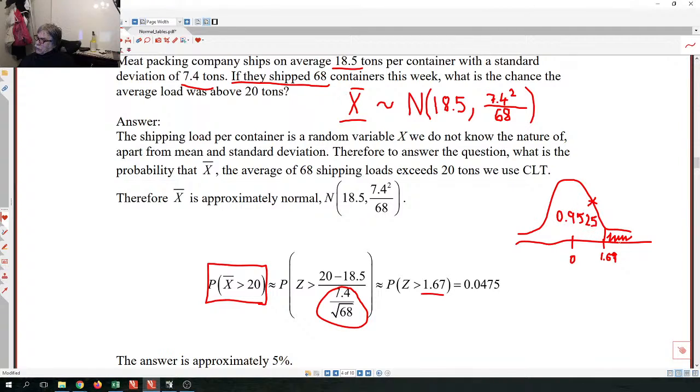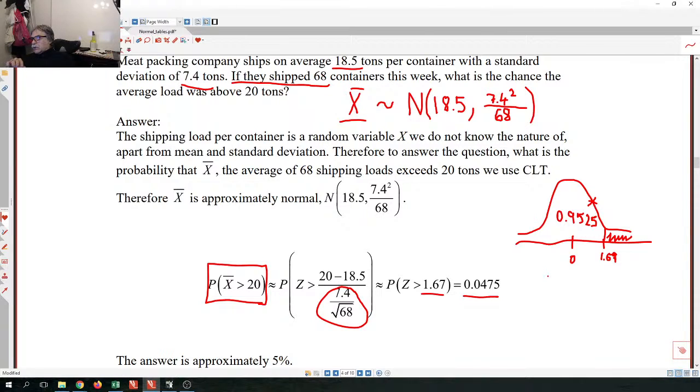The tables give the left tail, and the left tail is 0.9525. Everything in the tables is left tail. So this piece here is the difference between 100 and 95.25, and that is 4.75%. You always do the calculation with decimal numbers because that's easier. So 1 minus 0.9525 is 0.0475.